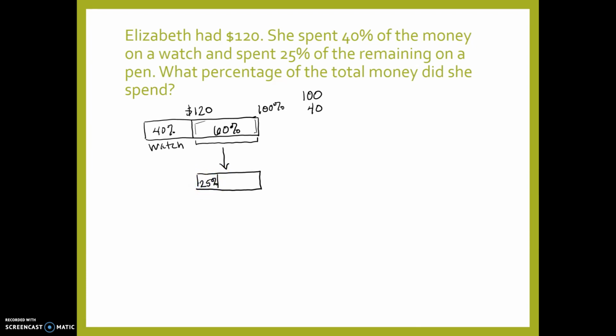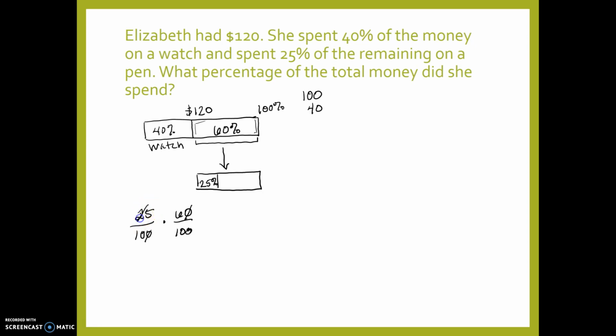Okay, so let's figure out what percentage of her original chunk that 25% is. And we're going to do that by multiplying, finding 25% of 60%. And we're going to end up with a percent. So we'll cross cancel here and here. And let's actually cross cancel that 25 and the 100 too.